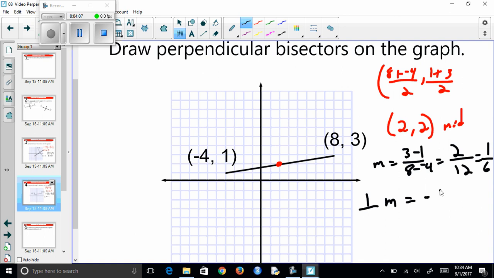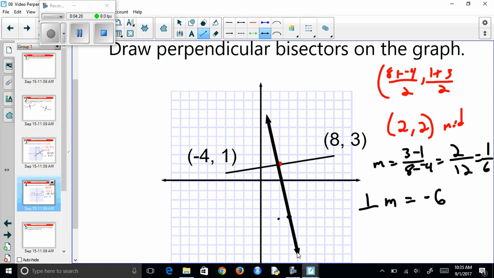The reciprocal of this is negative 6. So that means I go down 6 for every one I go over. So 1, 2, 3, 4, 5, 6. 1 over. And now I can draw my perpendicular line. So that cuts it in half and crosses at 90 degrees.